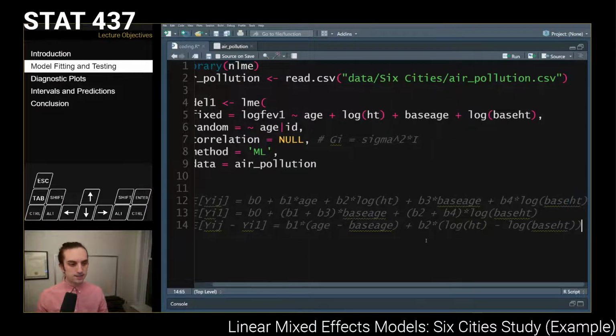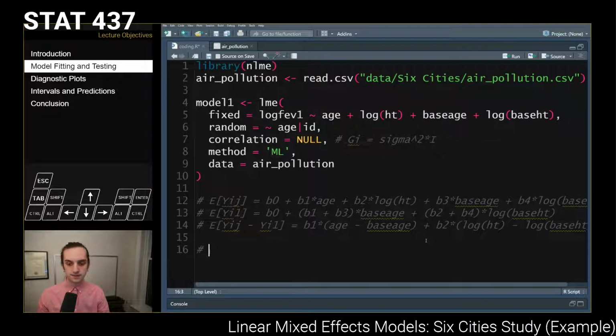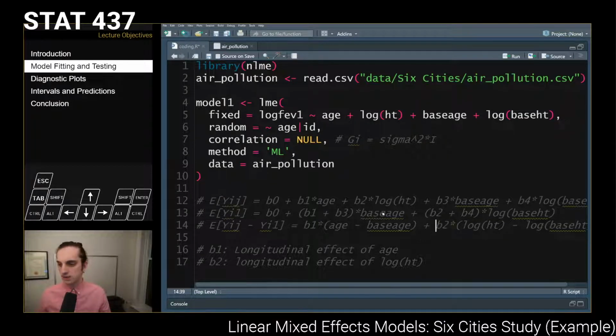And so what this means is that beta 1 is going to be interpreted as the longitudinal effect of age, and beta 2 is going to be the longitudinal effect of log height. So for every unit increase in age over baseline age, we expect a beta 1 increase in our outcome. And for every unit increase in the log of height, we expect a beta 2 increase in the outcome.